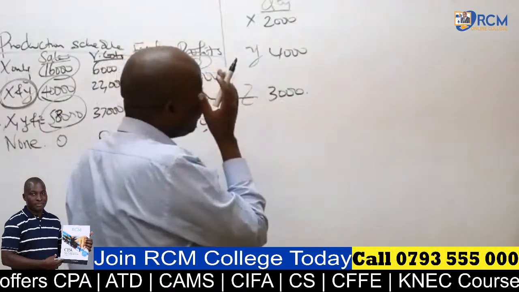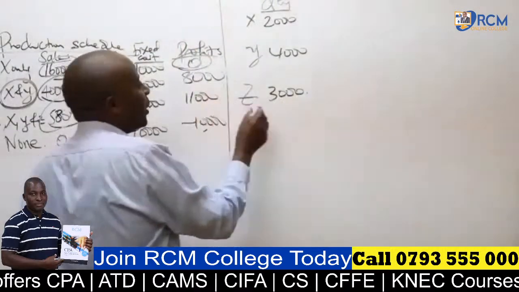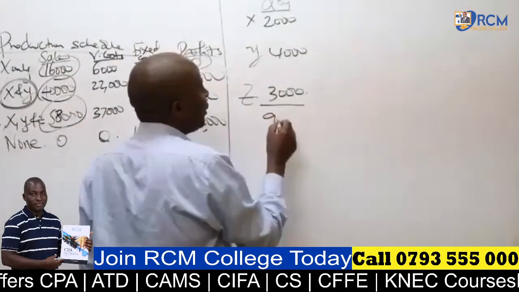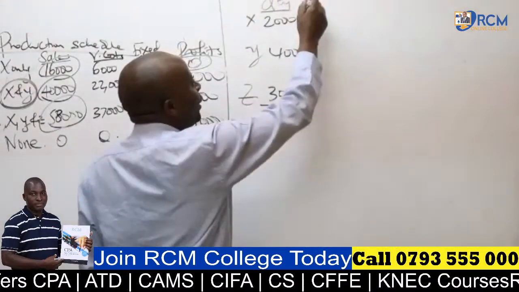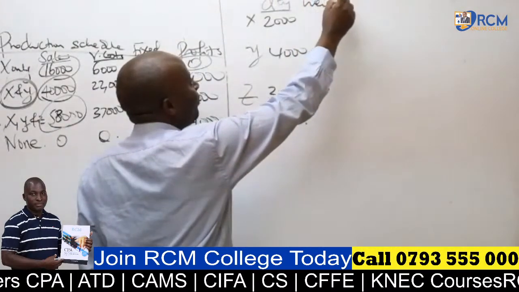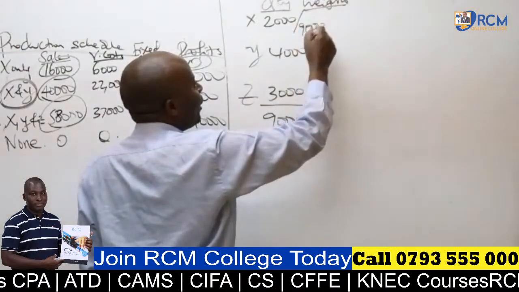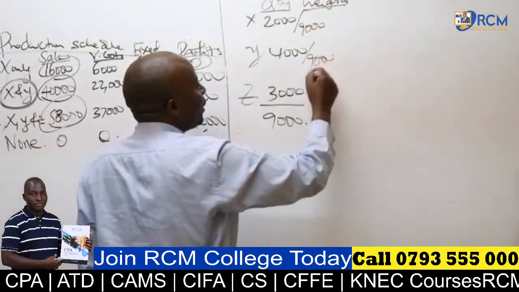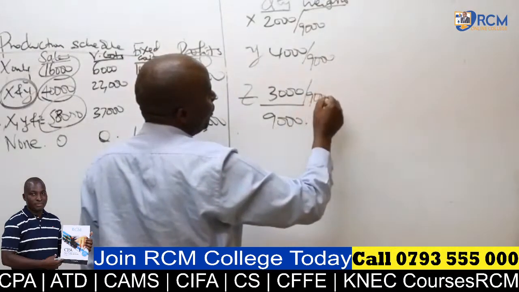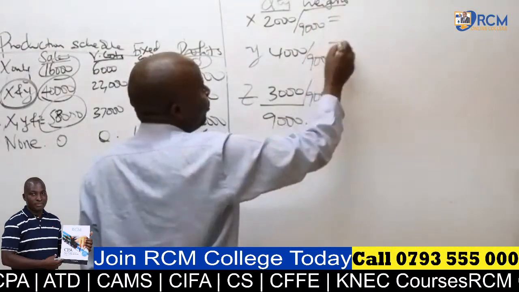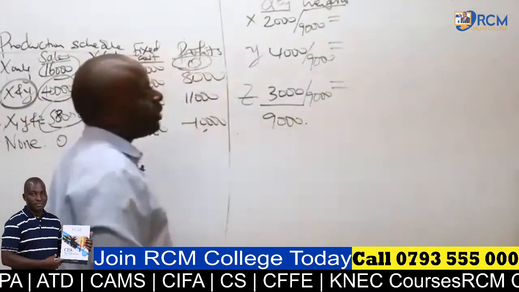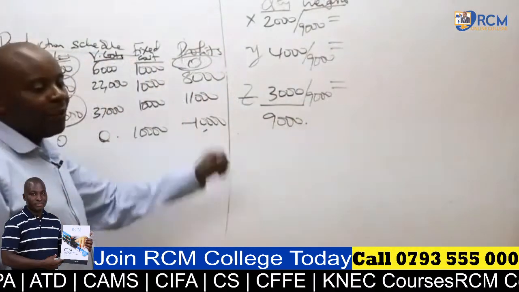So at the end of the day, in terms of quantities, the total quantity here is 9,000. Therefore, the weights: this will be 2 over 9, this will be 4 over 9, this will be 3 over 9. Here I may need more decimal places. The weights are normally very sensitive, so give me 3 decimal places.